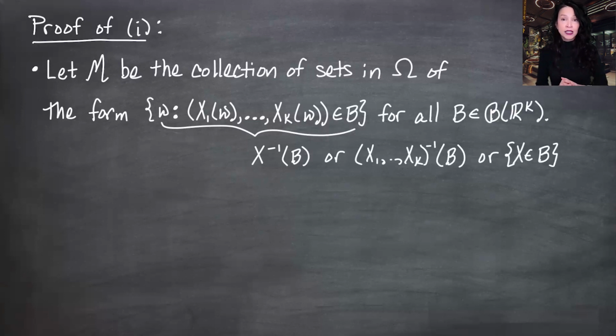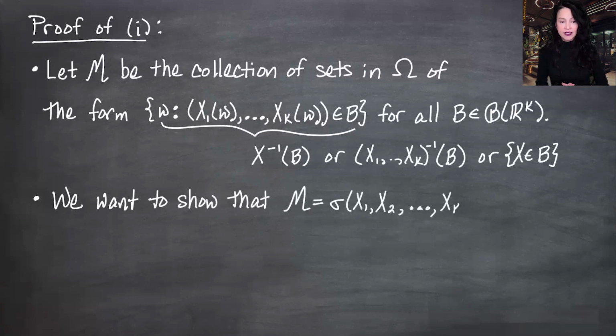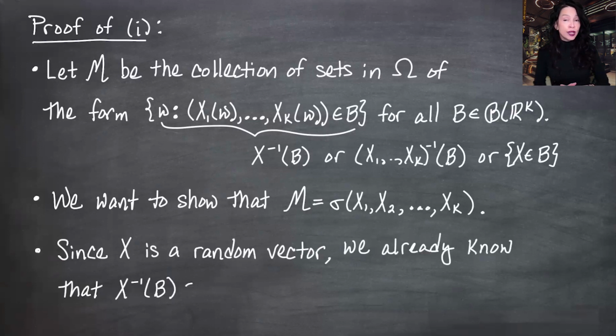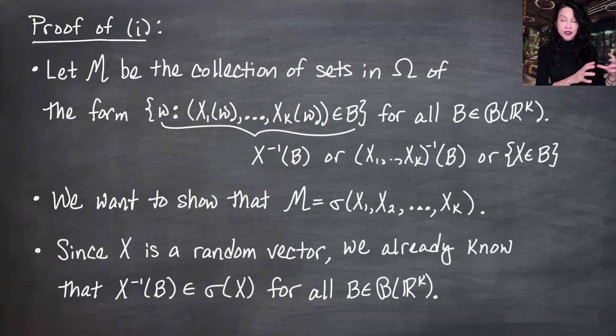Part 1 of this theorem claimed that this is how you get the sets in sigma of x. And so what we want to do is show that curly M is equal to sigma of x. Since x is a random vector, we already know that the inverse image of any Borel set from Rk is in sigma of x. But the question is, is that a sigma field, or do we have to throw more things in?